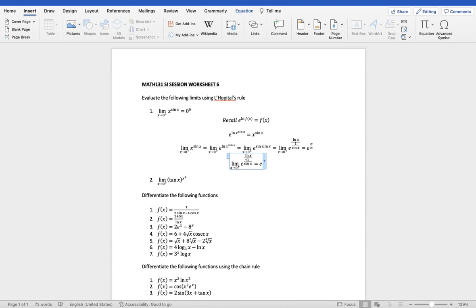So this is basically equal to e to the limit of ln x divided by 1 over sine x.